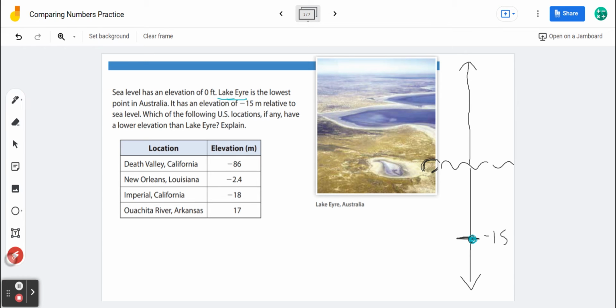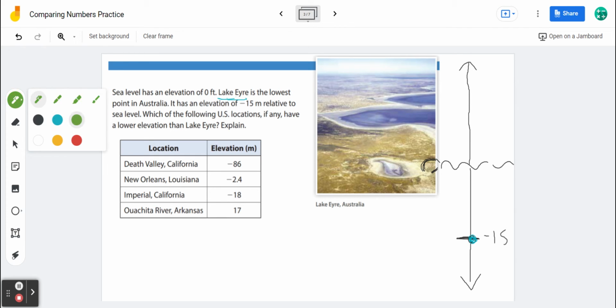And then they ask us which of the following U.S. locations, if any, have a lower elevation than Lake Erie. And then we have to look at this table of values. So there's 4 locations. 1, 2, 3, 4. Using this number line, we have to decide which one is lower. So why don't we plot these points?